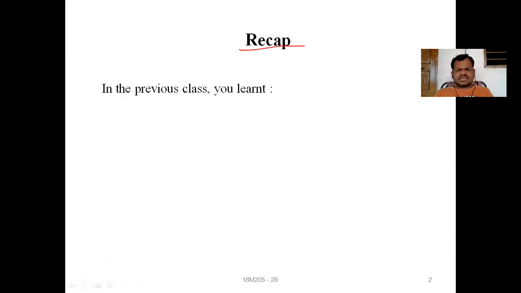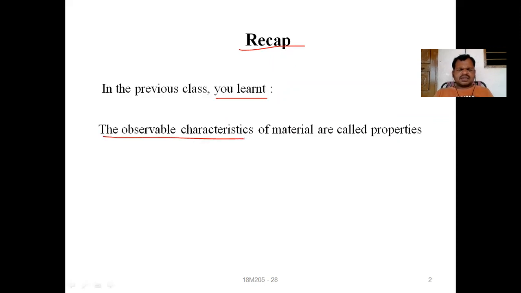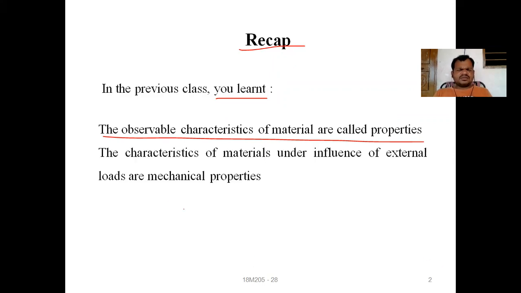In the previous class we learned about the observable characteristics of material, or physical properties, and the characteristics of material under the influence of external loads, or mechanical properties.